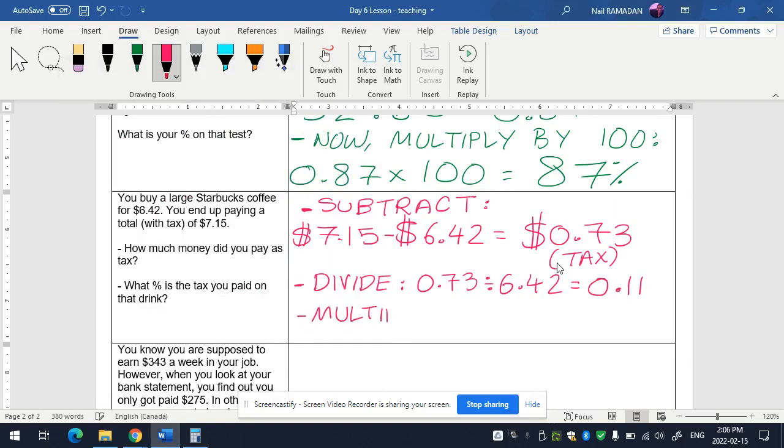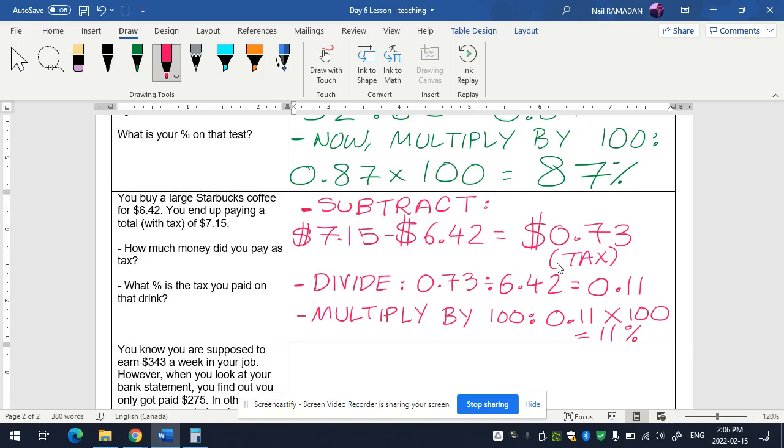You multiply it by 100 to get it into percent. 0.11 times 100 equals how much? So how much is the tax on this drink apparently? Not quite 13%. It's about 11%.